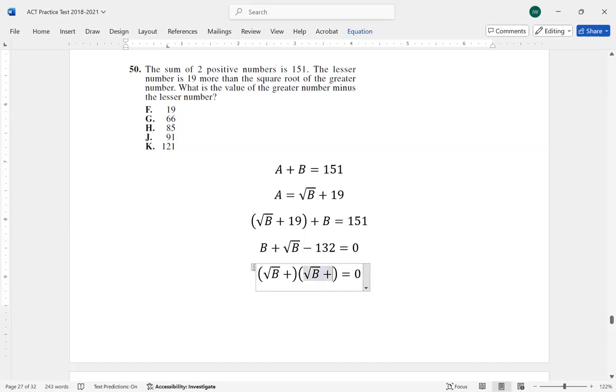Let's figure out what those numbers are. What factors of negative 132 add to a 1? Those are a negative 11 and a positive 12.